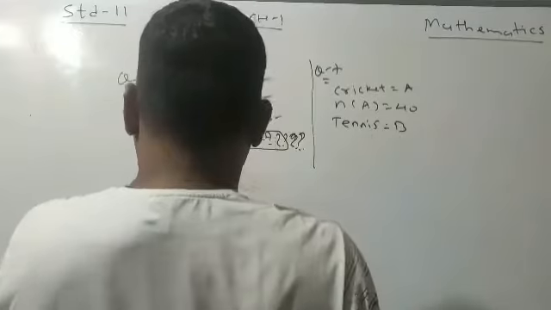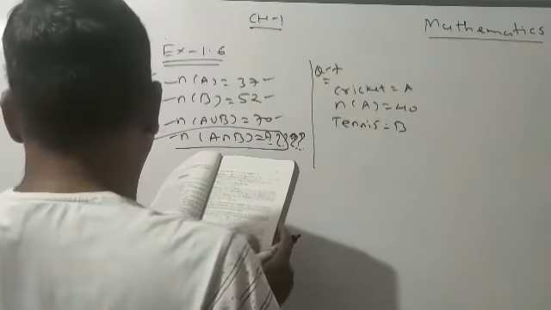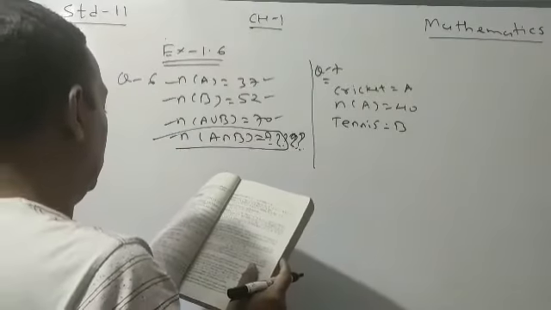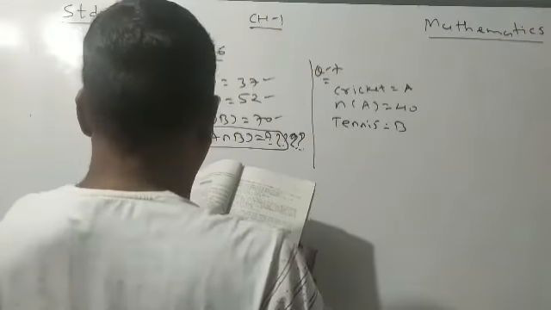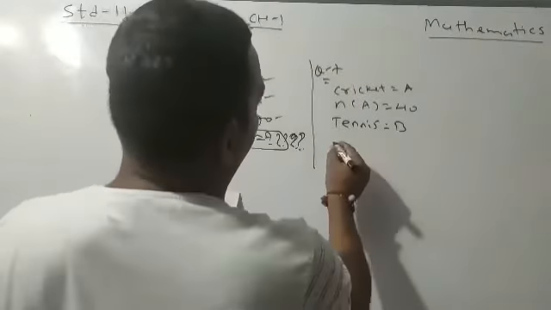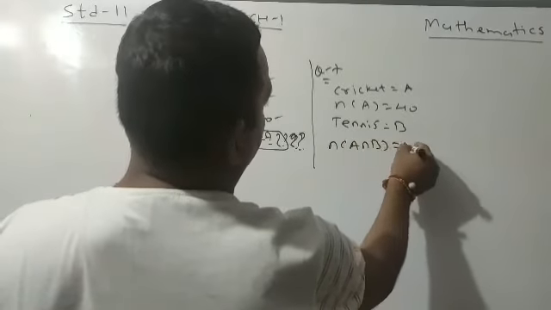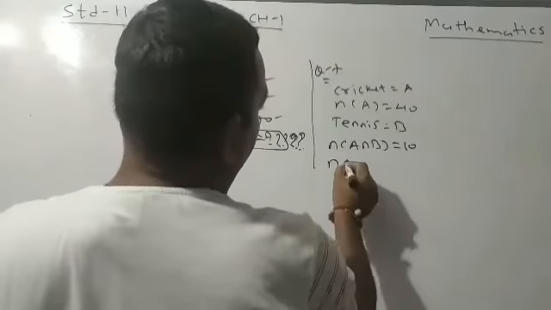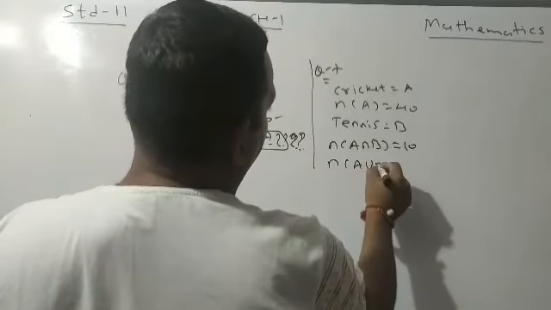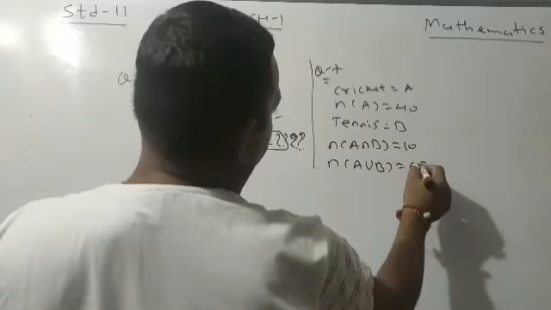Let it be considered B. How many like tennis only? Okay, see there are a total of 10 people who like both. So we'll write N of A intersection B is equal to 10. Total, N of A union B, is equal to 65.